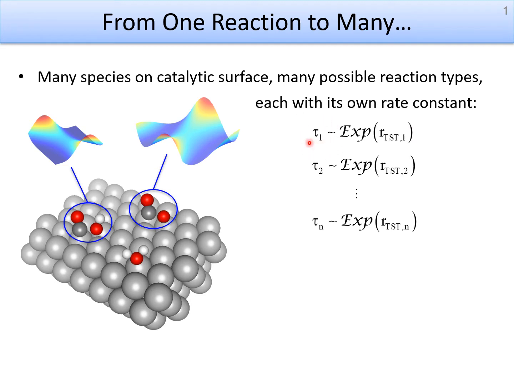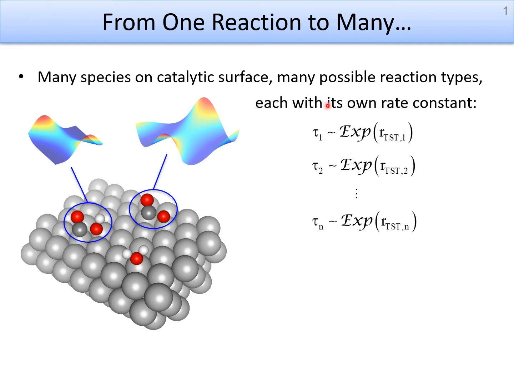And the first reaction may be diffusion of a CO adsorbate from site 58 to site 59. Reaction 2 may be a reaction between that CO and the neighboring oxygen adsorbed atom. So for that reaction, I can use the rate constant that I have calculated from transition state theory. I can calculate the rate, and then I have a random time for that reaction, etc.